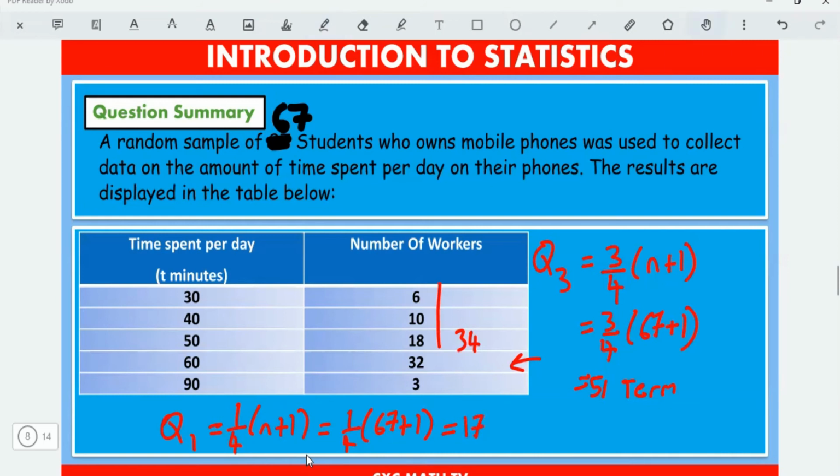Let's check. This is 16, right in here, 50. The 17th term is found in here, because 6 and 10, that is 16. So the 17th term is in here. So in here, that's 50.